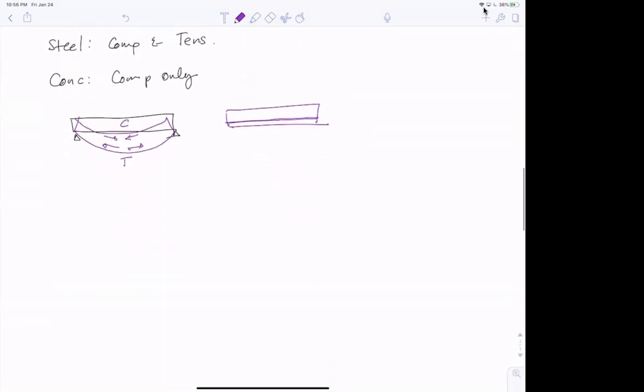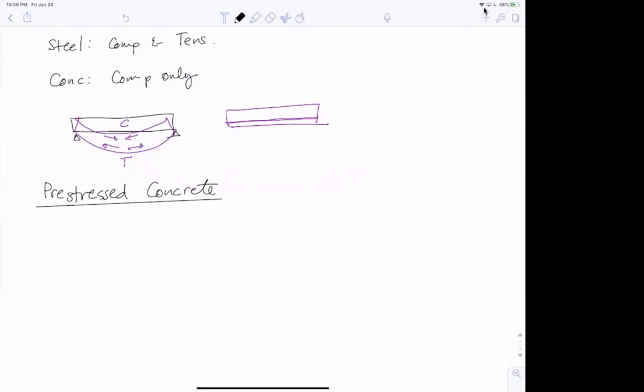So finally, there's pre-stressed concrete. Concrete is bad in tension. So what if you could make it or rig it so that there's never any tension in the beam?